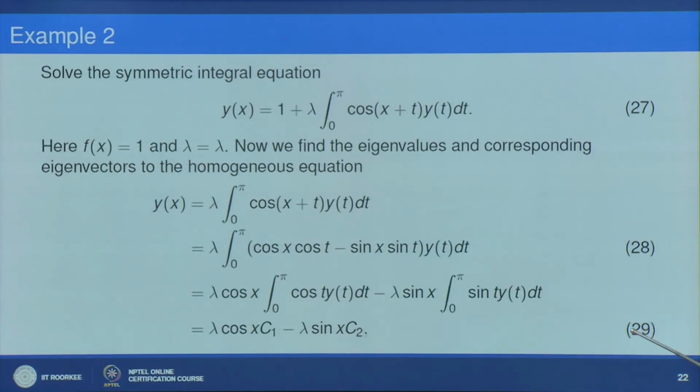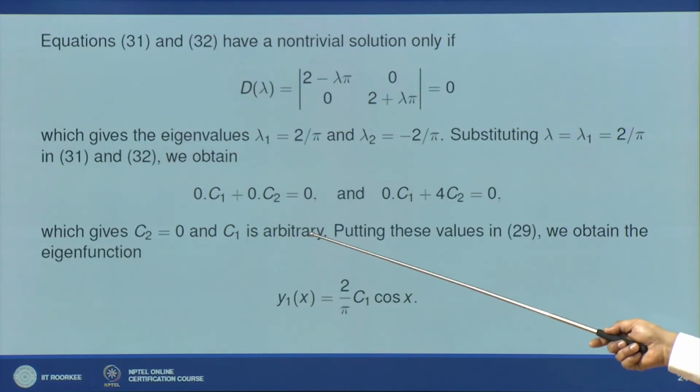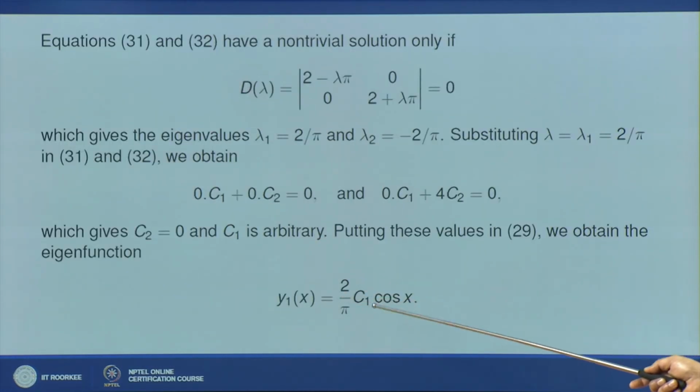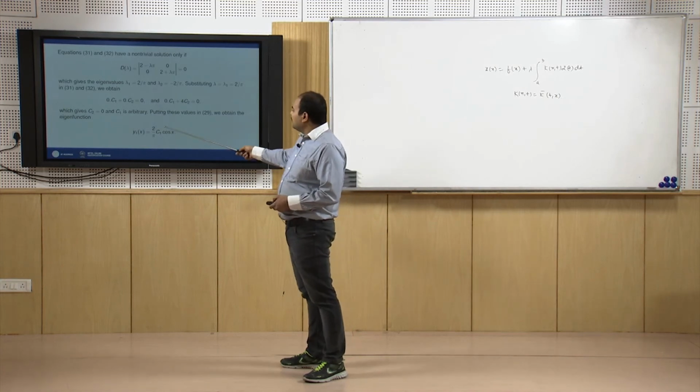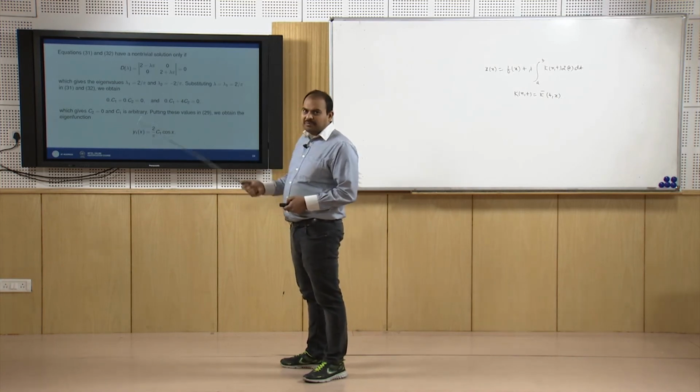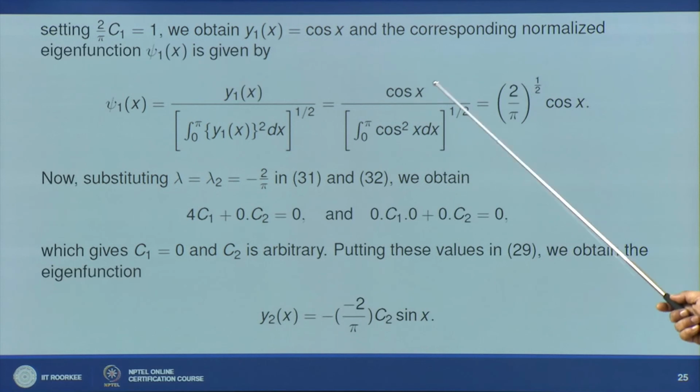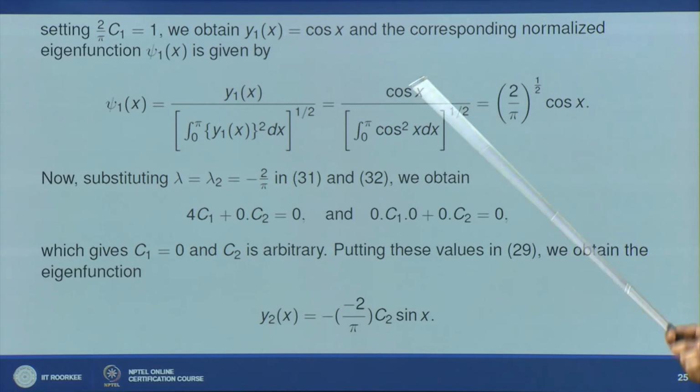Look at equation number 29: y(x) is already given. So using C2 equal to 0 and C1 arbitrary, y1(x) is equal to 2 by pi C1 cos x. In the same way as already discussed, you can take 2 by pi C1 as 1, so y1(x) equal to cos x is the corresponding eigenfunction.